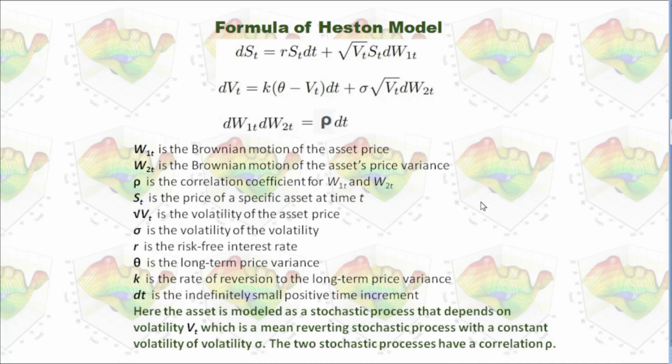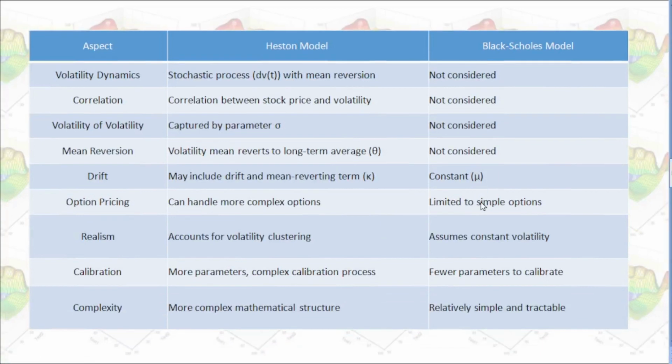Now, let's compare Heston model and Black Scholes model. You can see the Black Scholes model is not considering volatility dynamics, correlation, volatility of volatility, or mean reversion.